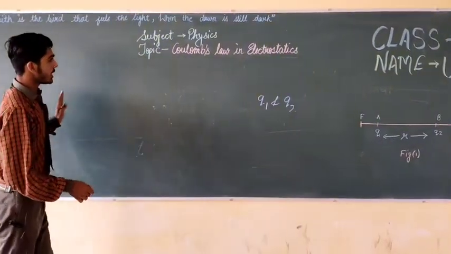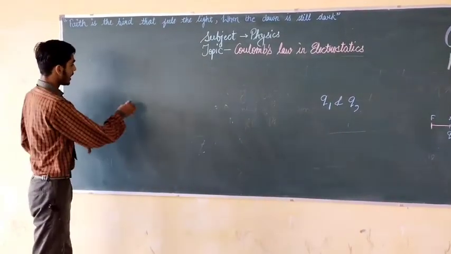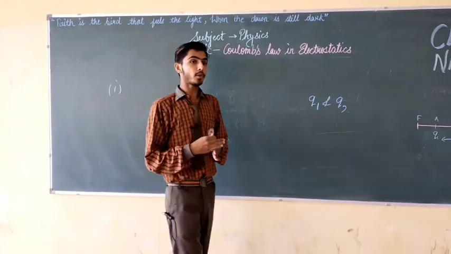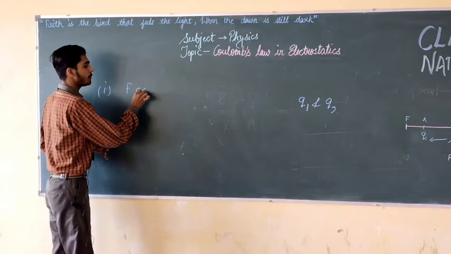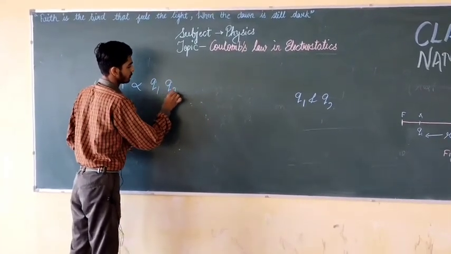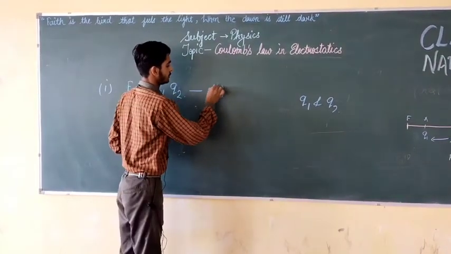Coulomb's law of repulsion and attraction says that the force is directly proportional to the magnitude of the two charges, that is F is directly proportional to Q1 Q2. That is our equation number one.